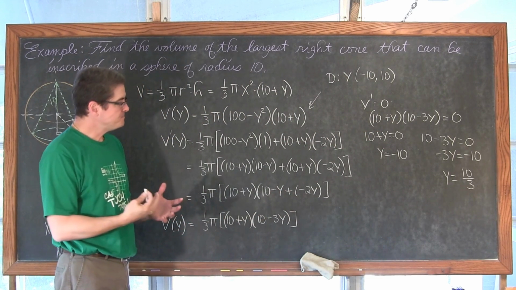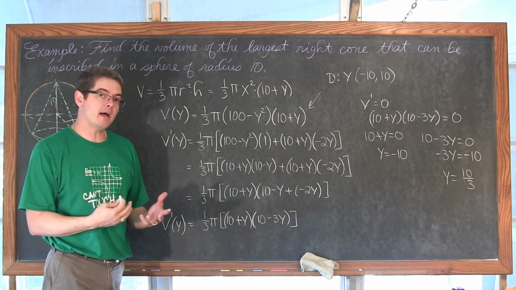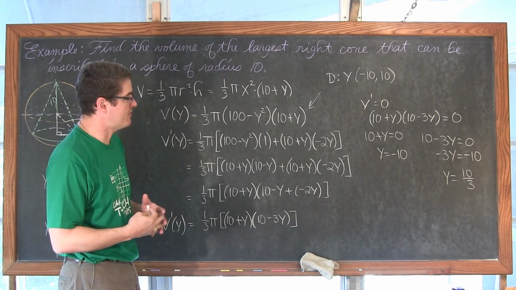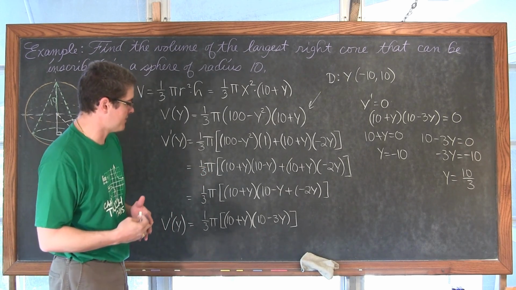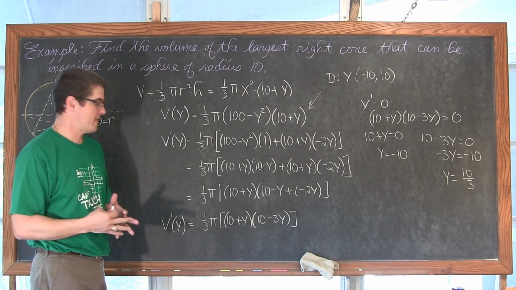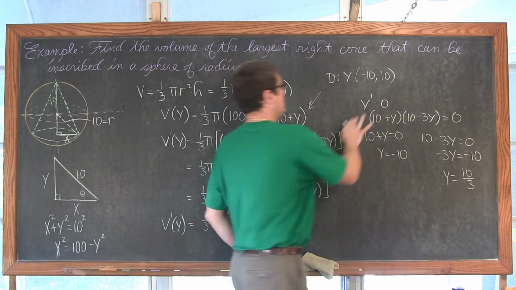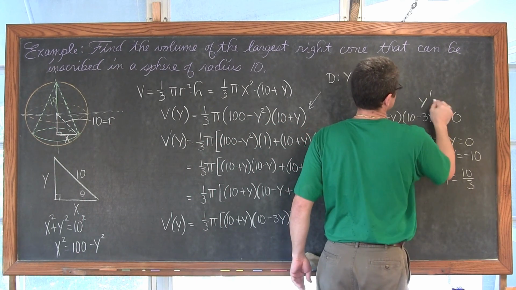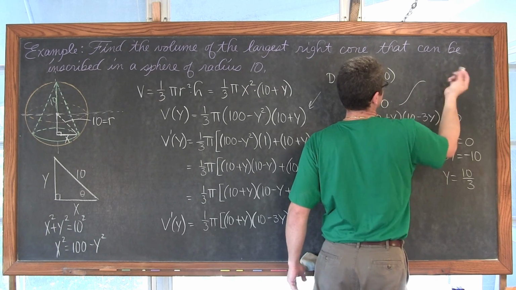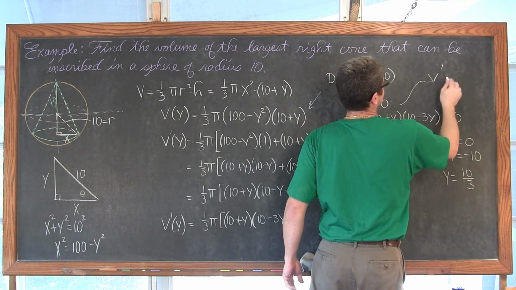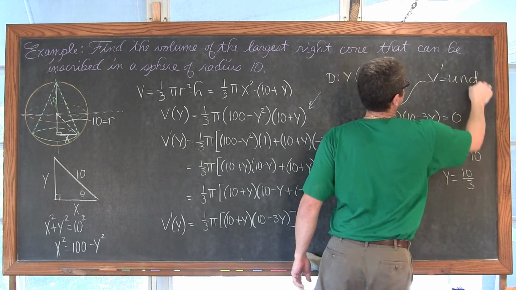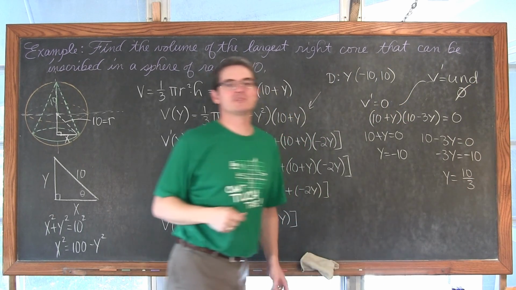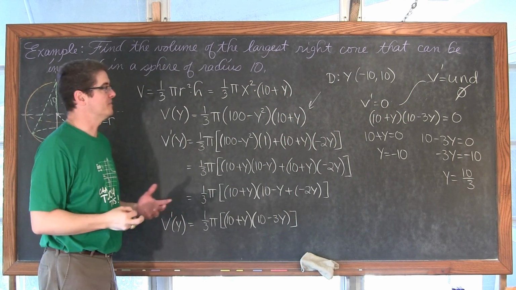Now, with that critical value of y equaling 10/3, are we looking at a relative max or min? Oh, by the way, there is no solution to the first derivative being undefined.